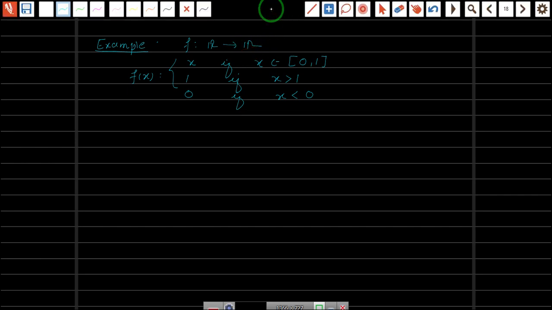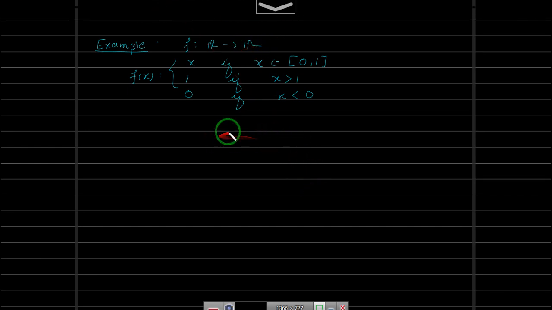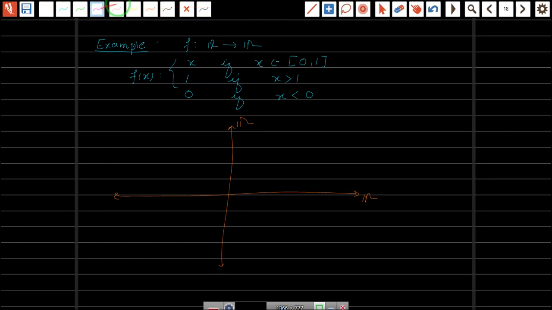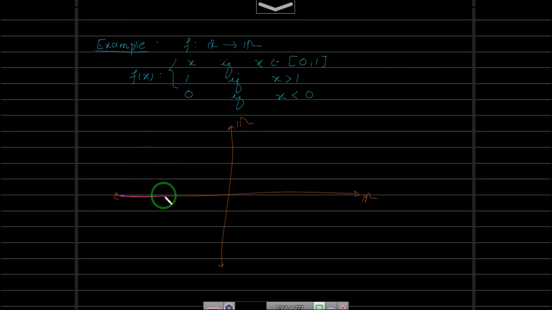Okay, let us draw this and see how the diagram will be. That will be an easy task. This is R cross R. This is your domain, that is R, and this is your codomain, again R. If x is less than 0, the function is 0, so we have this line at all those points which are less than 0. But 0 is not included here, so this is open.